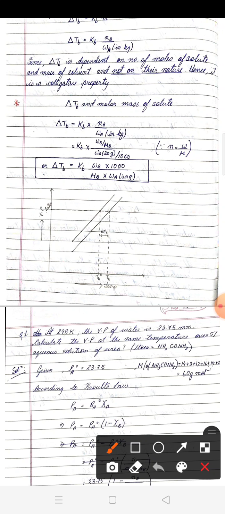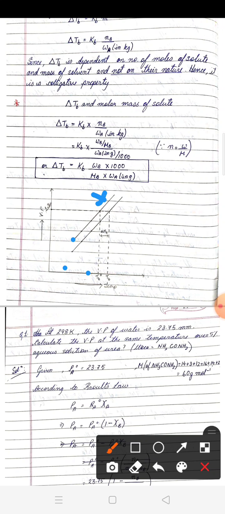Now let us try to understand the graph here. You see, the graph here represents temperature versus vapor pressure graph. The first line, this line, is the vapor pressure versus temperature for pure solvent. So at certain temperature, it has a certain vapor pressure.